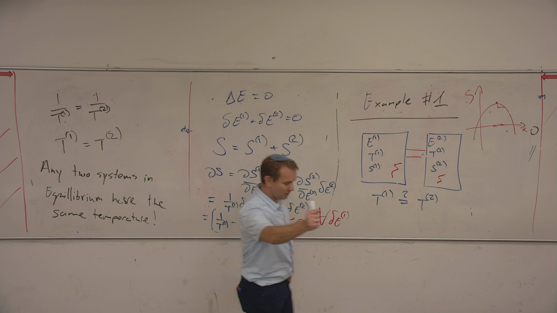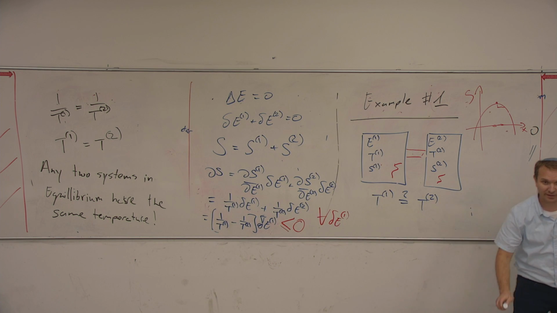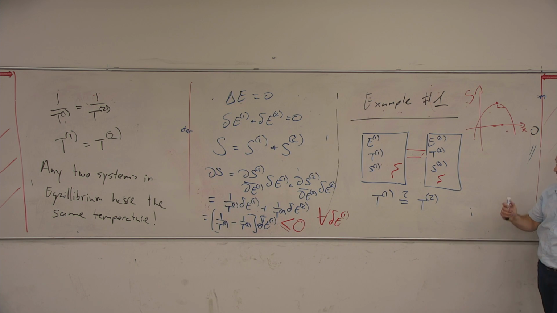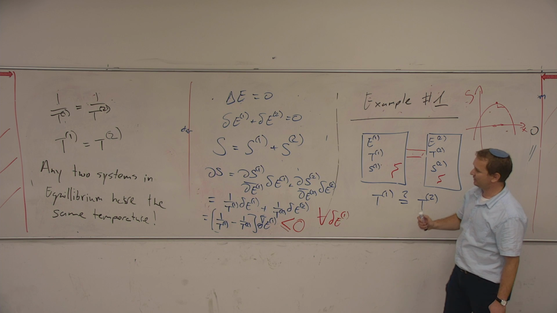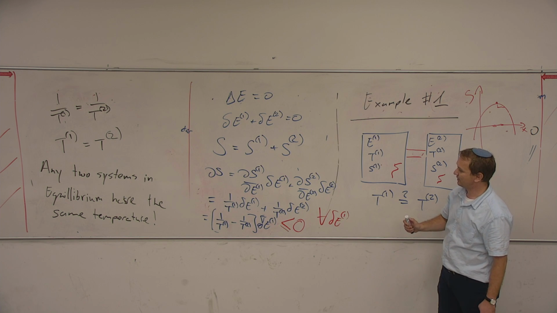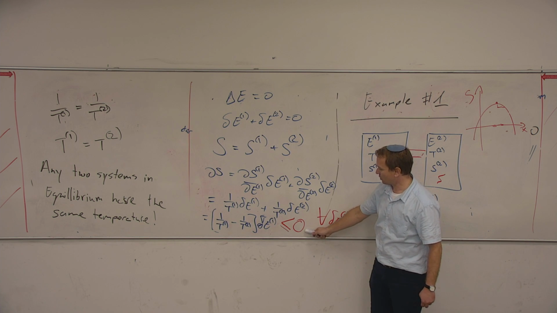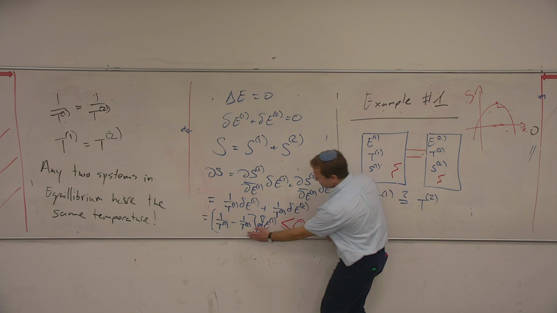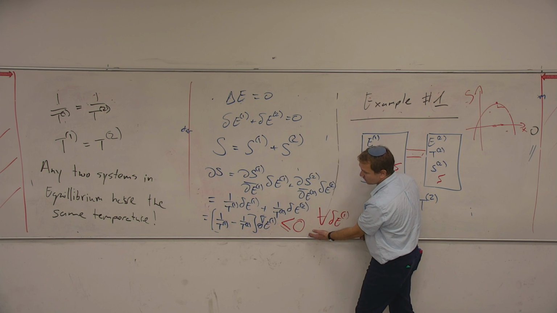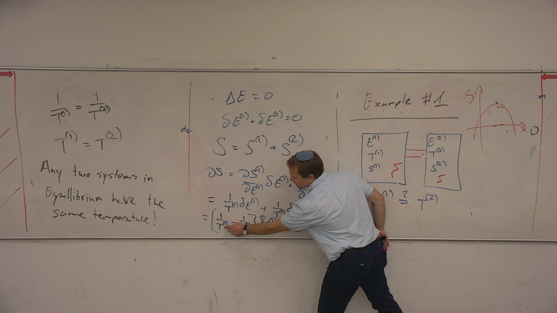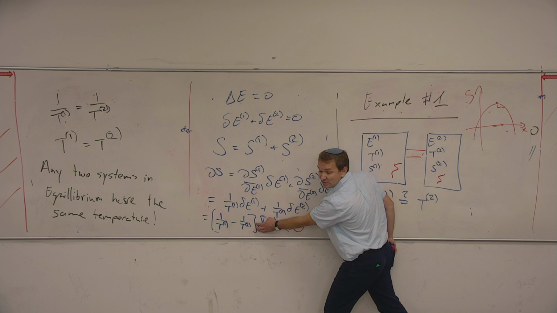Can you repeat again, please, why delta E1 is supposed to be negative or equal in the last equation? Yeah. So I'm saying the following. This is exact. Okay? 1 over T1 minus 1 over T2 is constant.